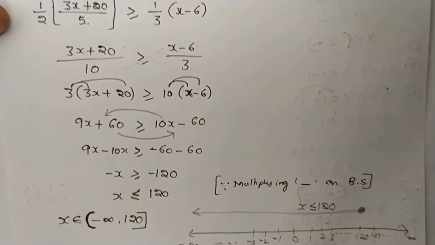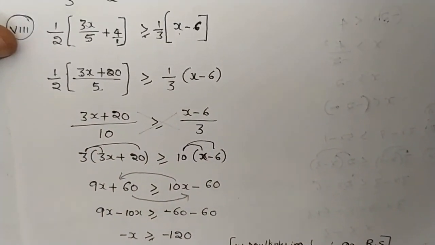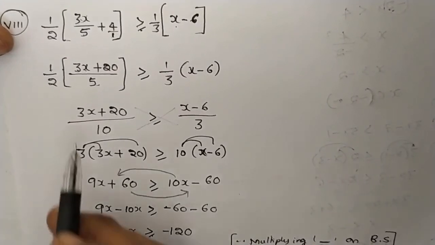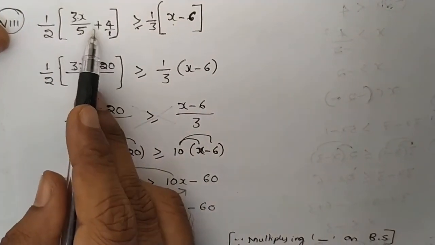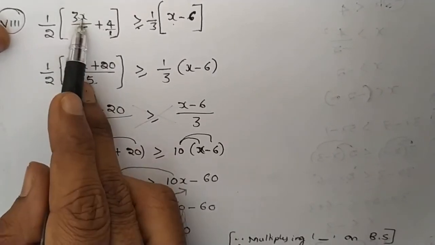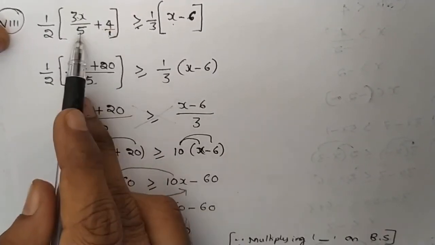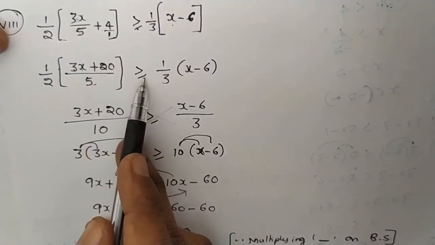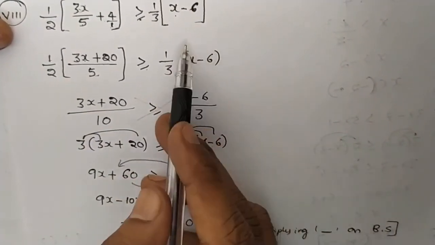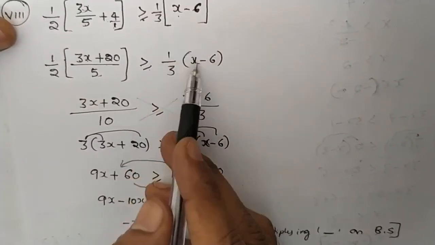Now you can write down in your notebook. Once again, if you want, I will just briefly explain. 3x by 5 plus 4. LCM of 5 and 1 is 5. 3x into 1 is 3x plus 4 into 5 is 20 divided by 5, greater than or equals to. I just kept the right side as it is.